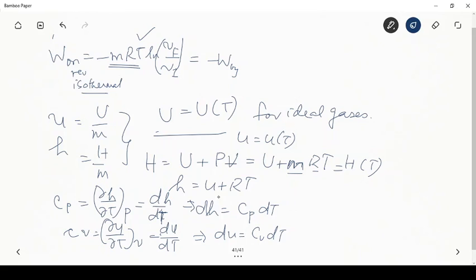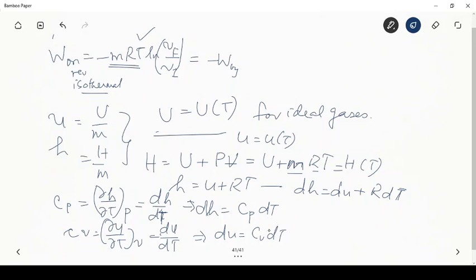Okay, so then if I differentiate this expression, I get dH is equal to dU plus R dT.